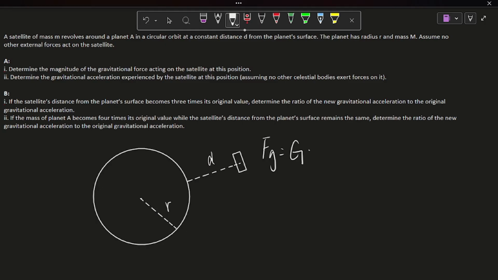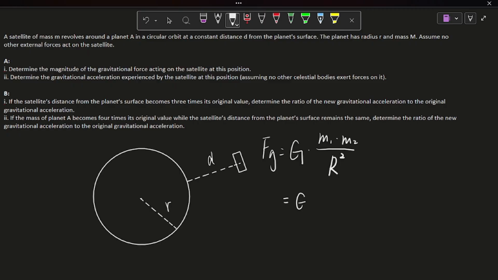Fg is equal to G times m1 times m2, the masses of the two different objects, over the square of the distance between their centers of mass. So in this question, we can just plug the values in.